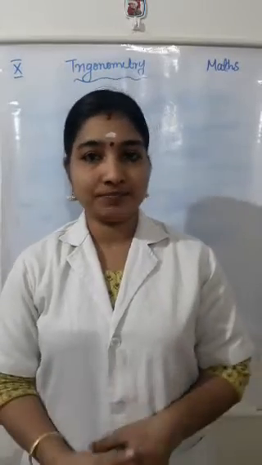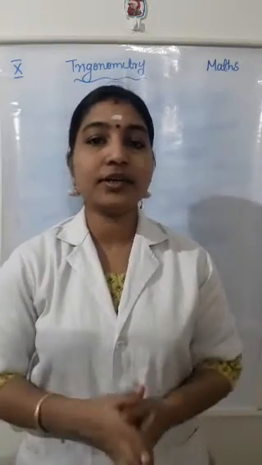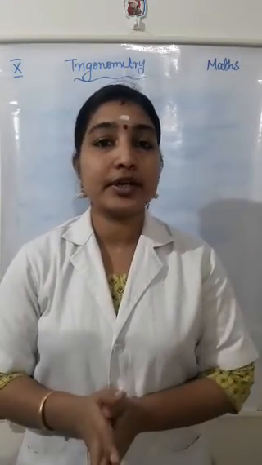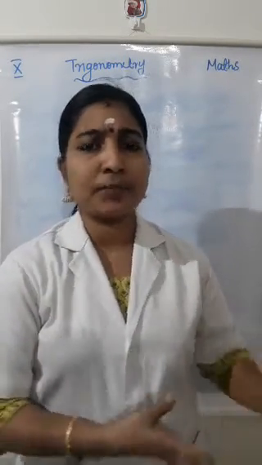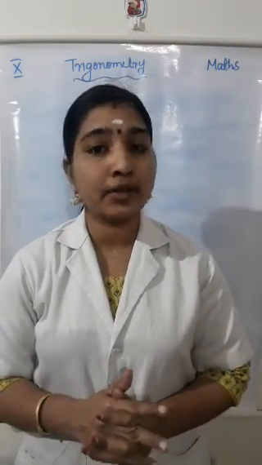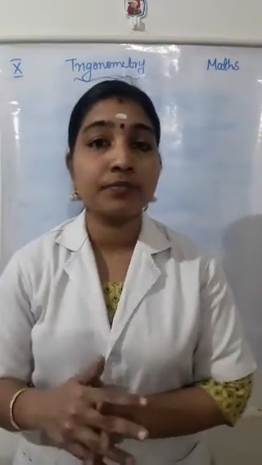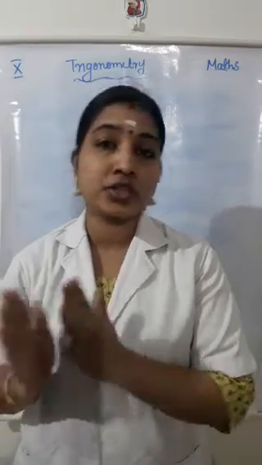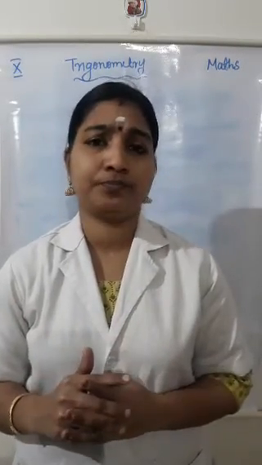Hi my dear children, in the earlier classes we have studied about triangles, in particular right triangles. In chapter 6 Triangles, we have already studied the Pythagoras theorem based on the right triangle. What is the Pythagoras theorem?